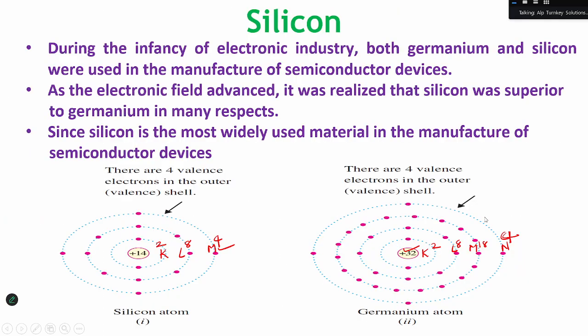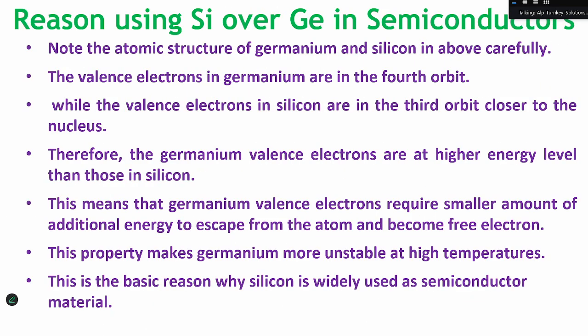They realized that germanium is not a very good material for semiconductors, and that silicon is a good material. Many techniques came for the purification of silicon, and it is abundantly available.